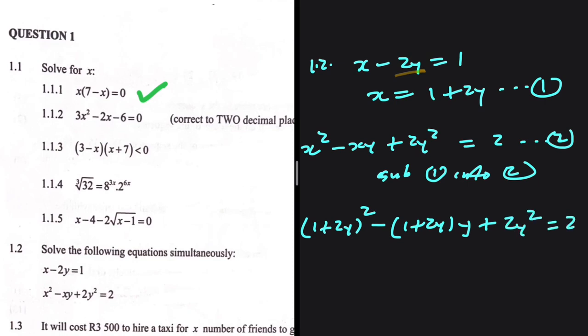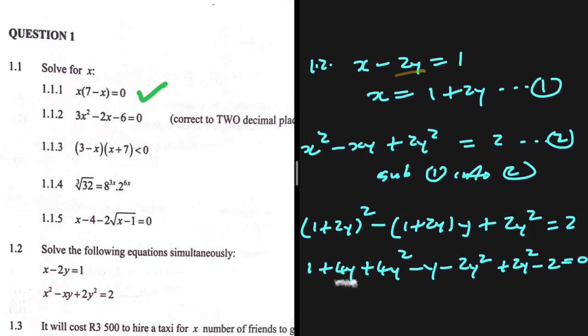So what is 1 plus 2y squared? That will give you 1 plus 4y plus 4y squared, and then minus y minus 2y squared plus 2y squared minus 2 being equals to 0.